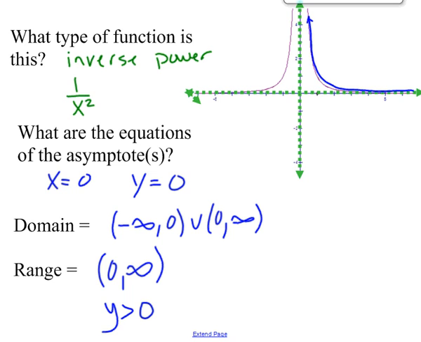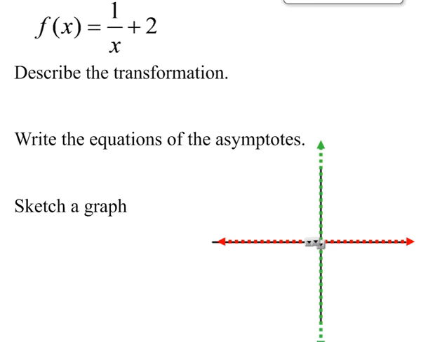All right, so now let's take a look at transforming one of these graphs. So I see that I have the 1 over x plus 2. So since that plus 2 is happening outside 1 over x, that plus 2 is going to move everything up 2 units, which means it's going to move the horizontal asymptote up 2 units.